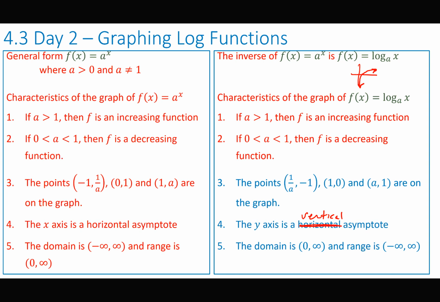The y-axis is the vertical asymptote, and then domain and range again are switched from the exponential function. All right, so really these last three in blue are the key ones that you want to get. Everything on the left side you've already written down when we're talking about exponential functions.